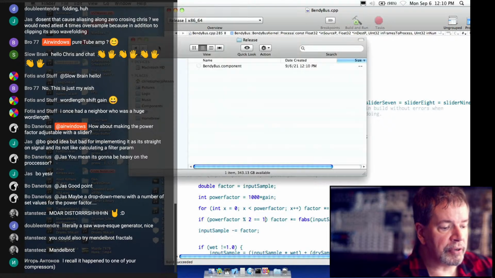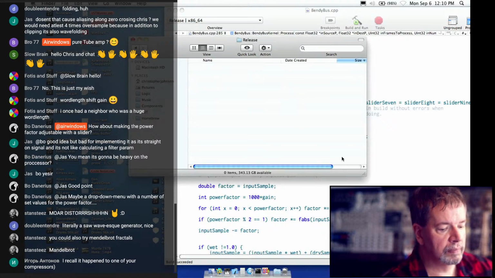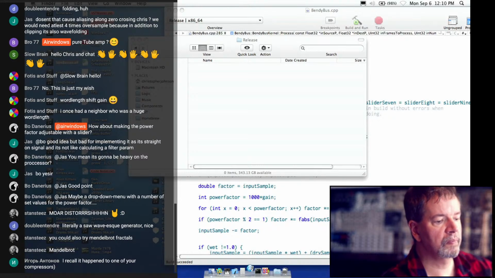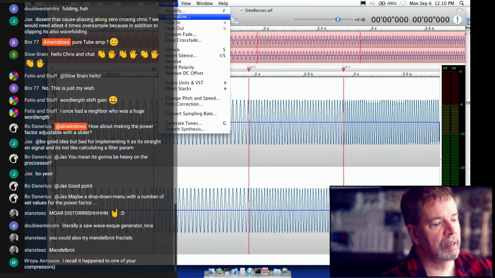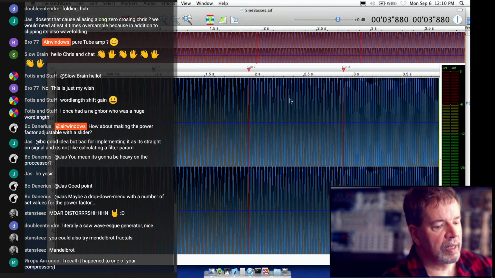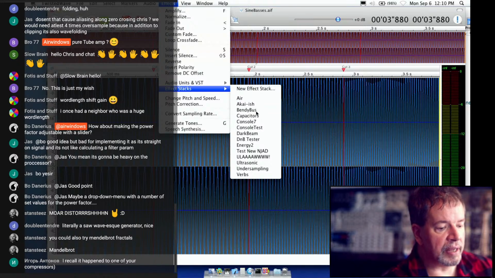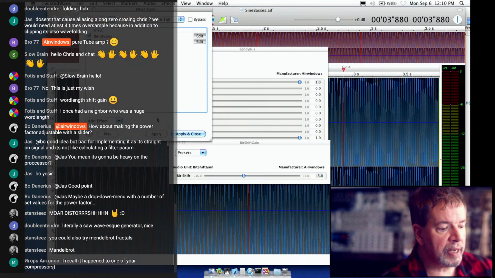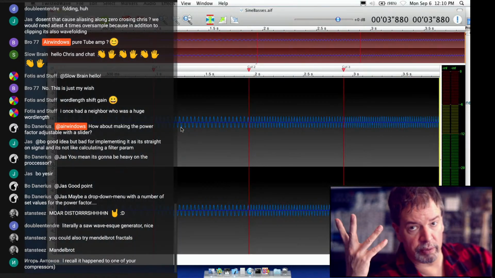That'll build fine too. And we're going to normalize, and then let's run that same effect stack again, and this time it's going to be symmetrical.